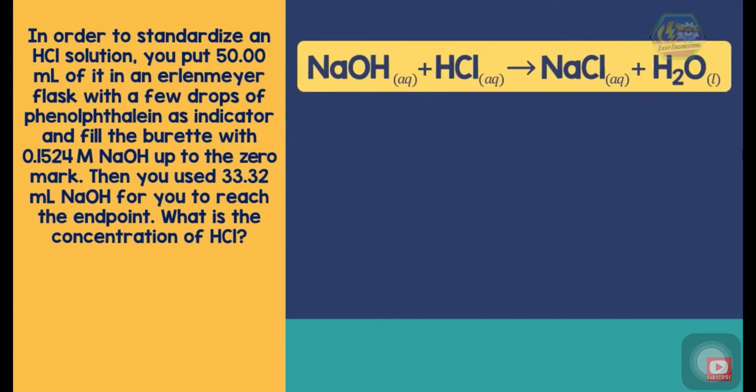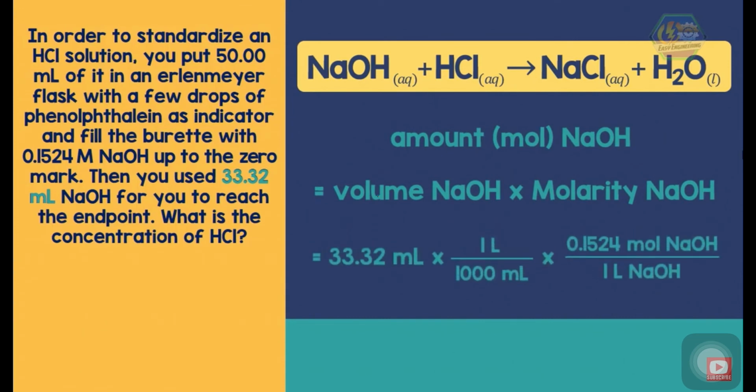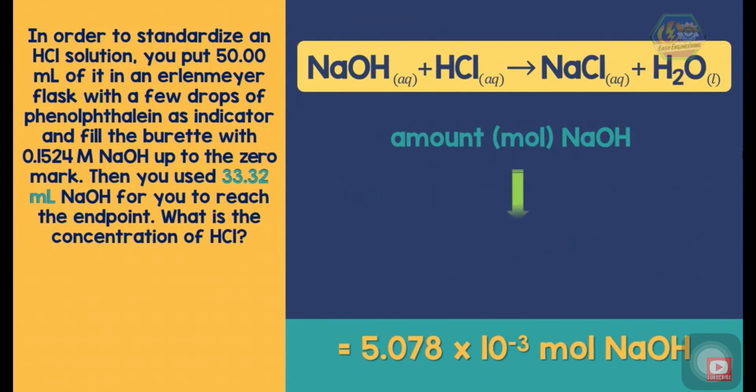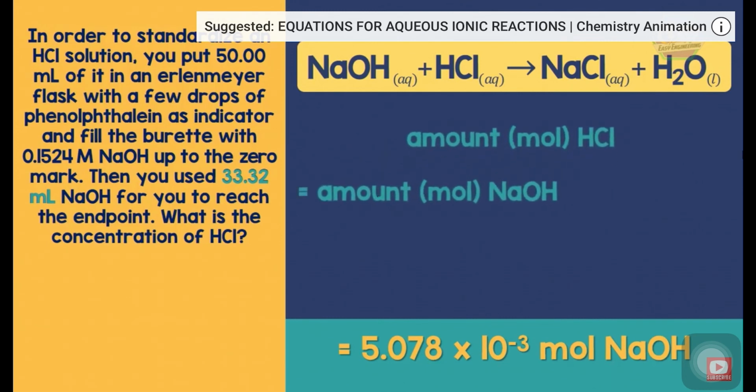First, we need to write the balanced equation. We have the volume used in titration, which is 33.32 ml. We then find the moles of sodium hydroxide. Then from the balanced equation, we can convert the moles of sodium hydroxide to the moles of HCl.